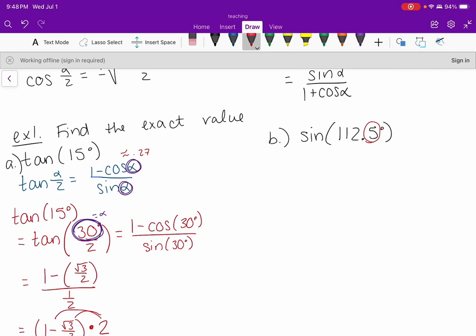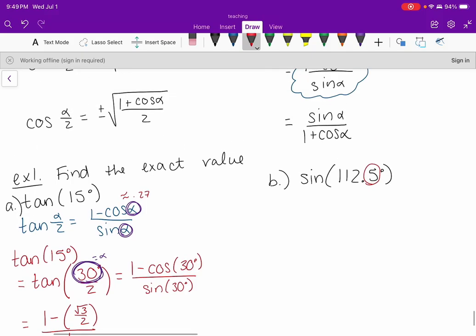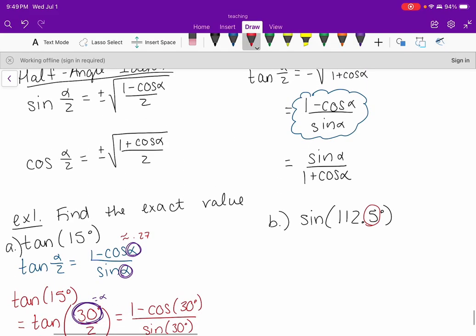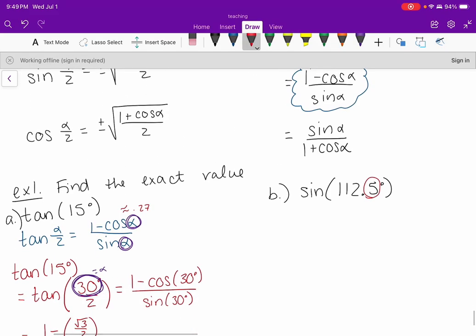None of those and none of the angles that have those as references are going to be able to give you that 0.5. So this is a case where we have sine, and it would be the same story if it was cosine, where you have to use one of the half angle identities. You can't use a sum and difference for this one.